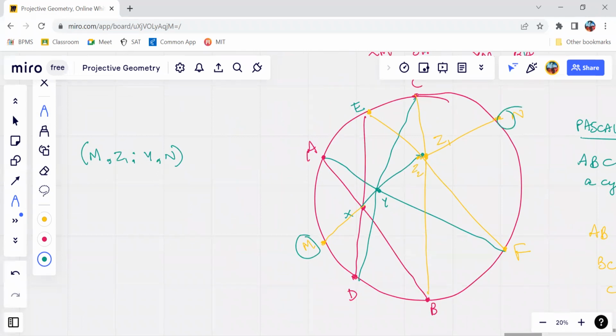And because I'm projecting onto the circle, might as well keep M and N. That's the only reason they've been introduced. So for this cross ratio, suppose we project through C: M stays on the circle, Z1 goes to B, Y goes to D, and N stays where it is.